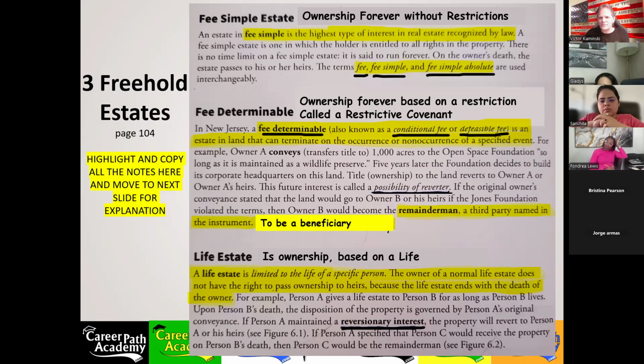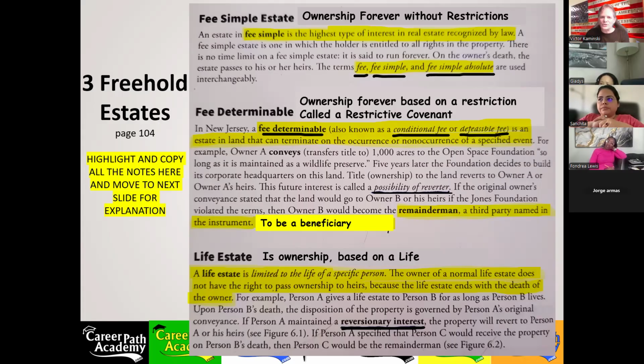You need to get signatures from the other two people, unless they could prove that they died and left it to you. So we want to look at these documents to get a little information about them. And if we see that it says fee simple ownership, or if it says fee determinable, conditional, or defeasible fee, uh-oh, there's a restriction in the deed. We need to read a little bit further, see what that restriction is and what the rules of it are.